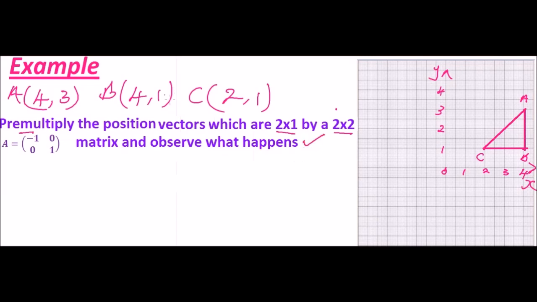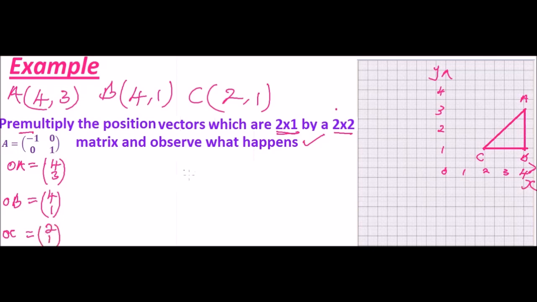When I talk of position vectors, I'm saying OA, written in column form, is 4, 3. Then we have the position vector OB equals 4, 1, and OC equals 2, 1.